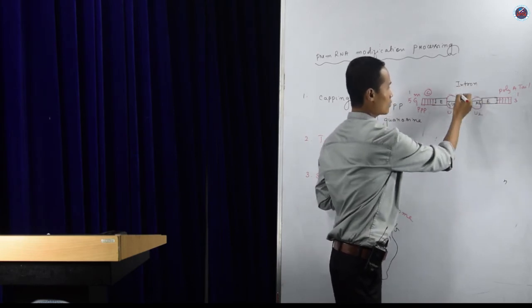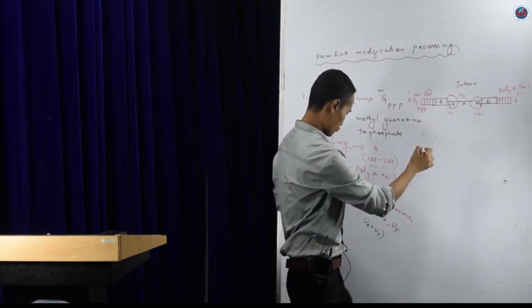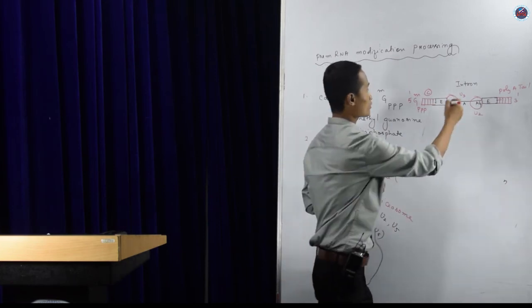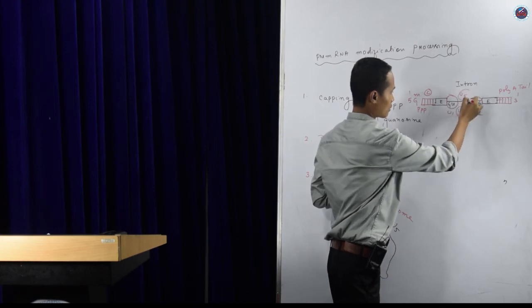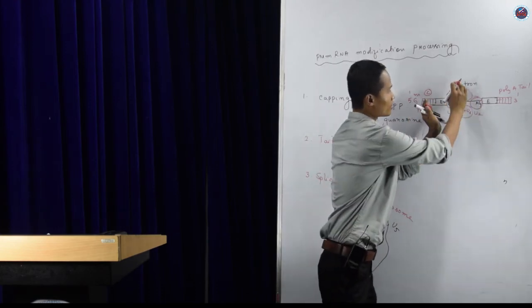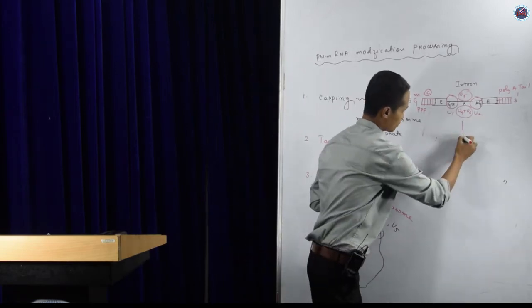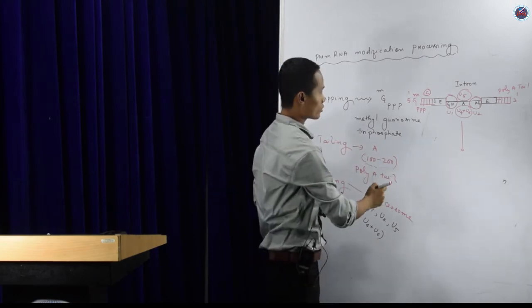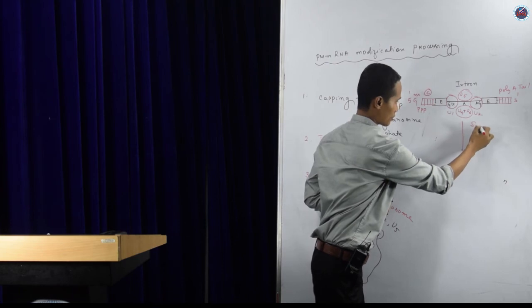Then we have U5 here and U4 plus U6. So these are all coming in, binding to the intron's position. So what will happen? It will form a spliceosome. The structure is said to be spliceosome now.